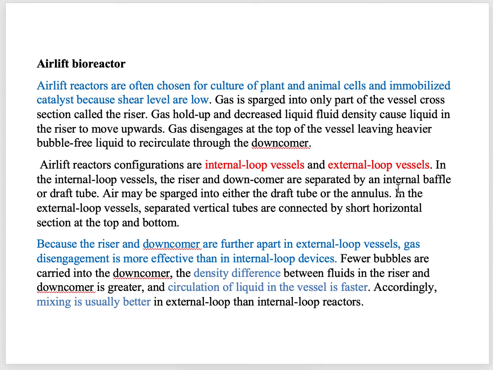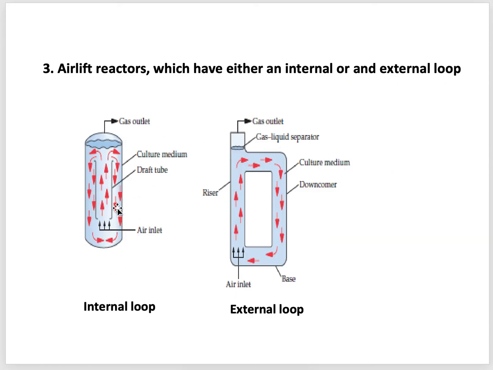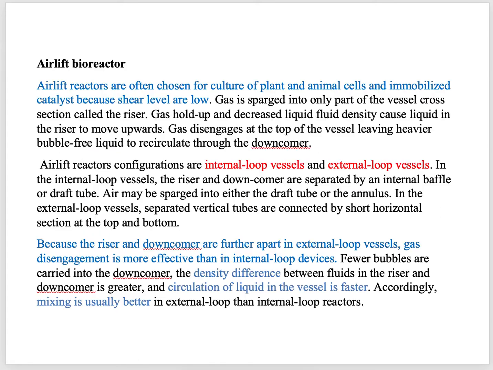In the airlift bioreactors, there is no mechanical stirrer here. That means the shear force created inside the airlift bioreactors is low. So that's why this type of bioreactor is good for plant and animal cells.